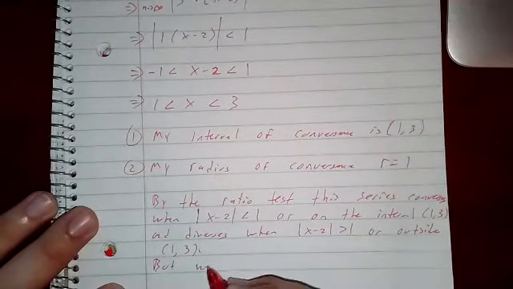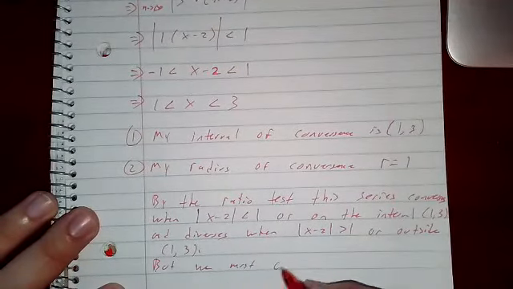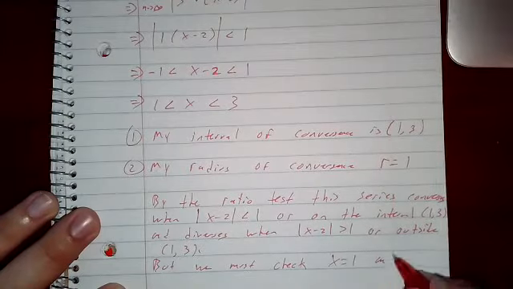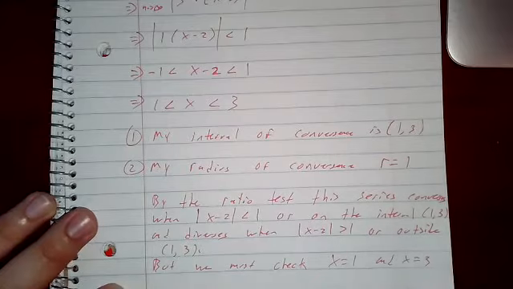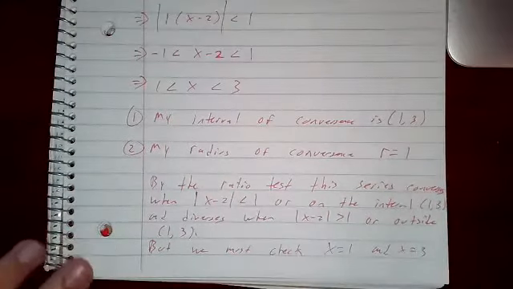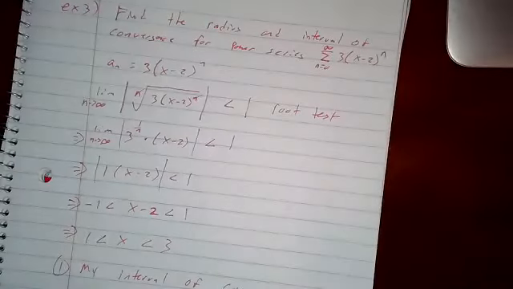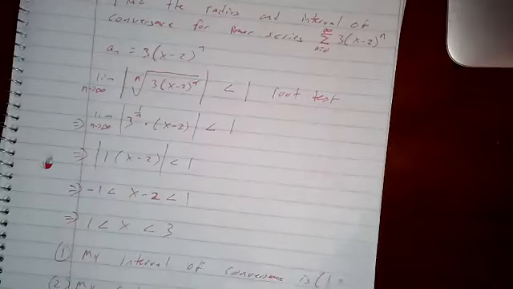But we must check x equals 1 and x equals 3. That way we can find out, do we use brackets or do we use parentheses? So we're going to let x be 1 and see what happens and let x be 3, and then simplify.